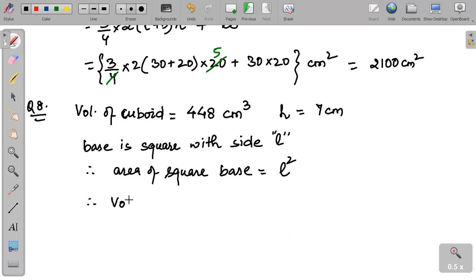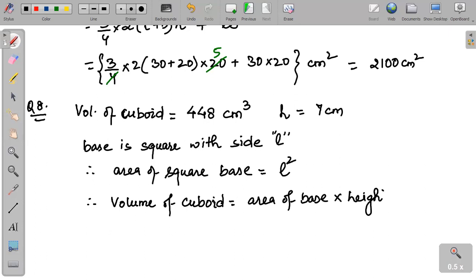Therefore, volume of cuboid is equal to area of base multiplied by height, and that is equal to 448.